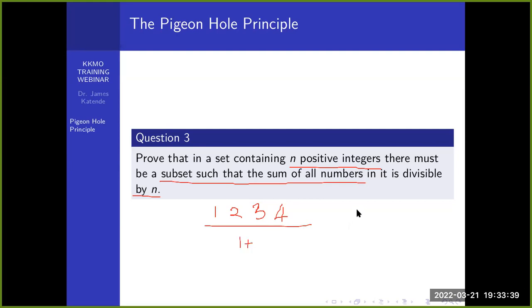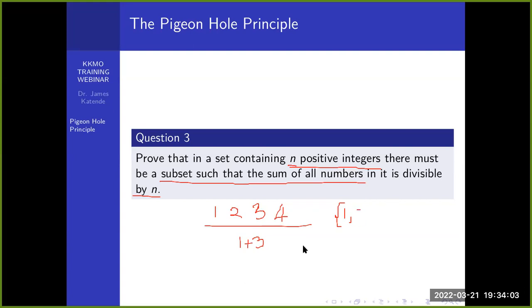So this will be a set containing n integers. You just need n positive integers, but this will serve the purpose to illustrate the point.